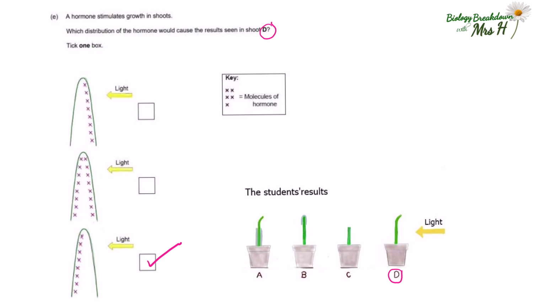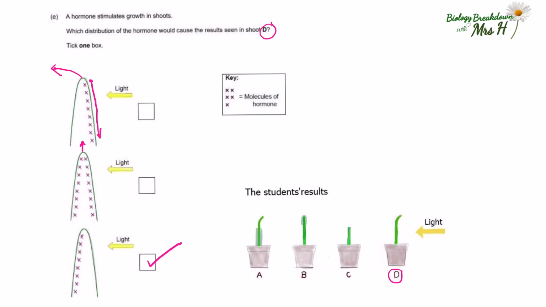It definitely isn't the middle one, because auxins are in an even distribution, so there won't be any elongation on either side. The shoot will just continue to grow upwards in a straight line. If it was this top one, then that would cause this side to elongate and the shoot would actually bend this way towards the left.